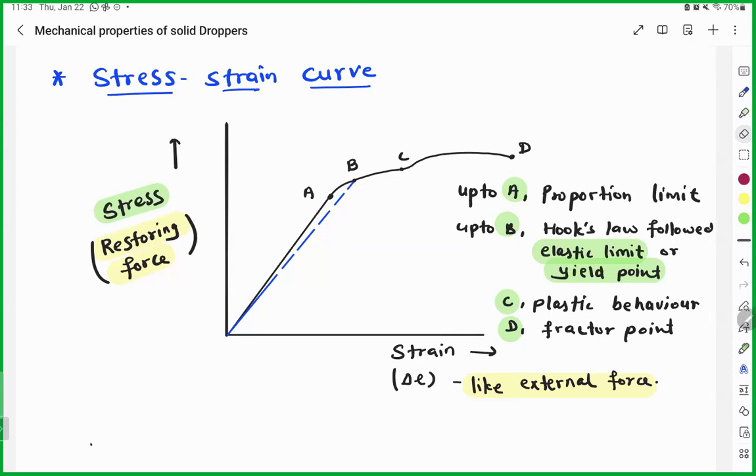Sometimes you will see the same graph slightly shifted, but the restoring force will be there. It will try to bring the body to the original position.